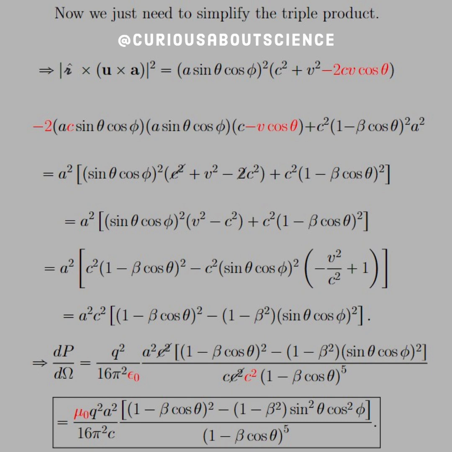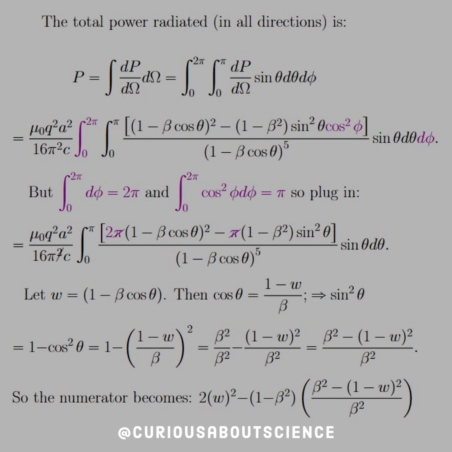But let's continue. So with this, now we have to find the total power radiated in all directions, meaning we have to now take the integral of this dP d omega through the solid angle, which of course we know the angles are d phi and d theta.